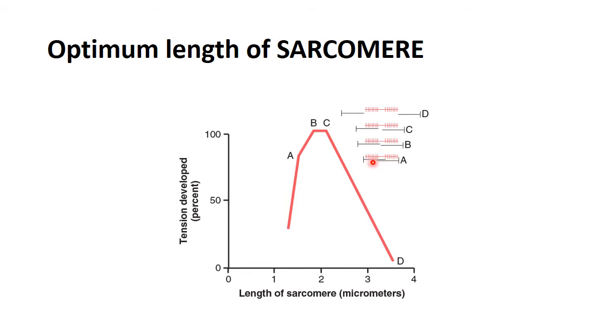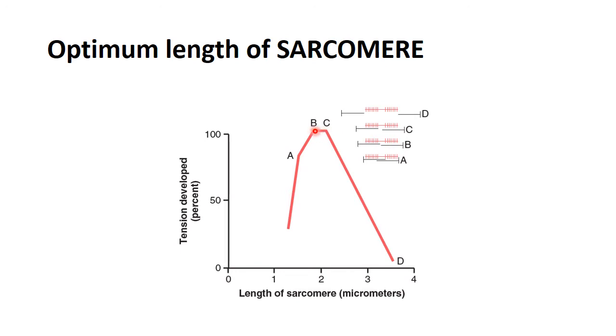There is overlapping between the actin filaments, they collide, and fewer cross bridges are formed here. So it is not the optimum length. For the optimum length, you can see at point B, it is near 2 micrometers, and this is the actin filament, this is the myosin filament. There is a fair number of cross bridges which are formed.